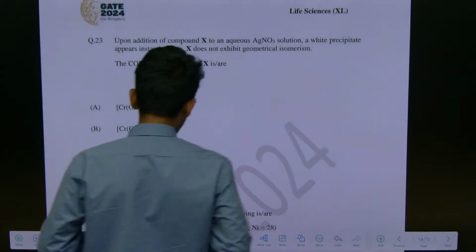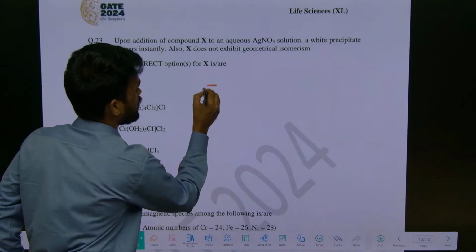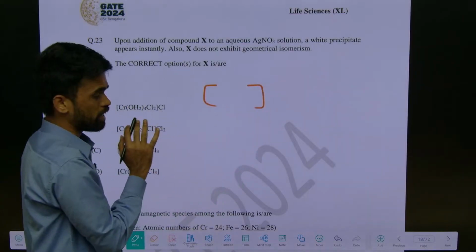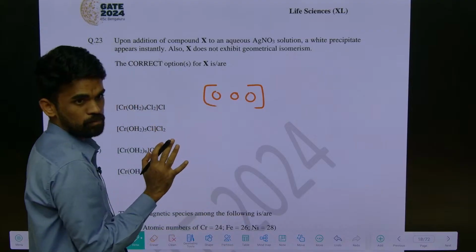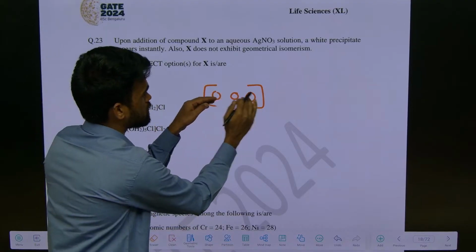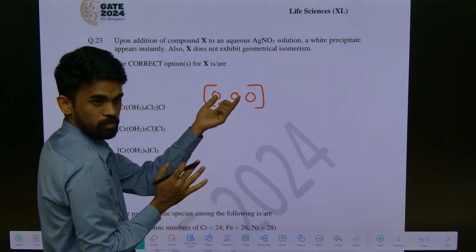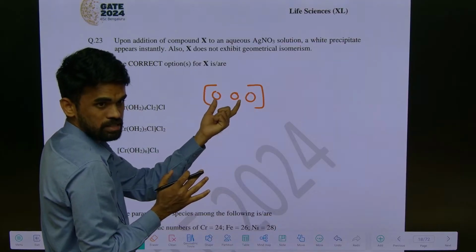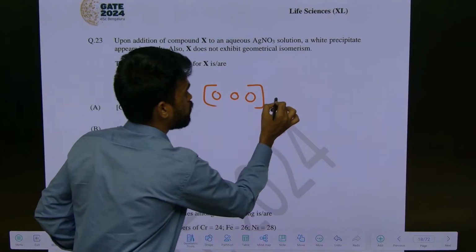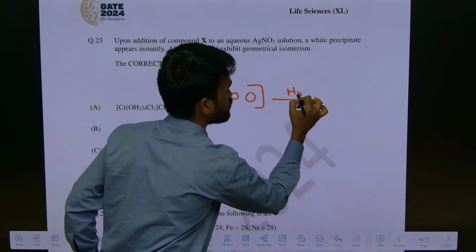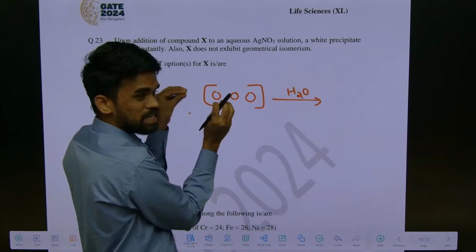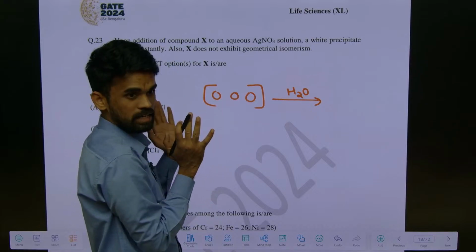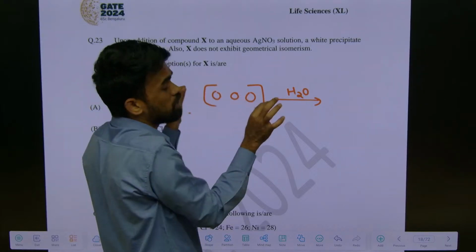It's simple. Whenever you take any complex, whatever ions, ligands or metal are inside the square bracket, that is what we call the complex. If you place this in water, it will not lose its identity; it remains as it is. It means it will not undergo any dissociation.